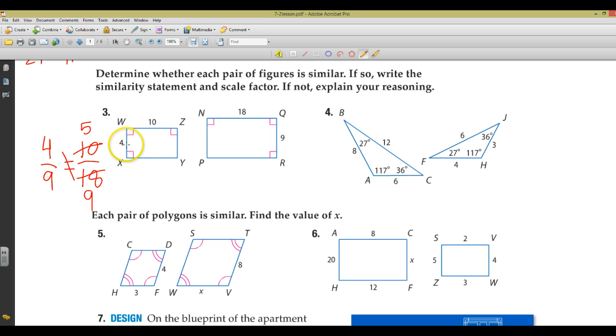So for number 3, we would say no, since NQ over WZ is not equal to QR over WX.